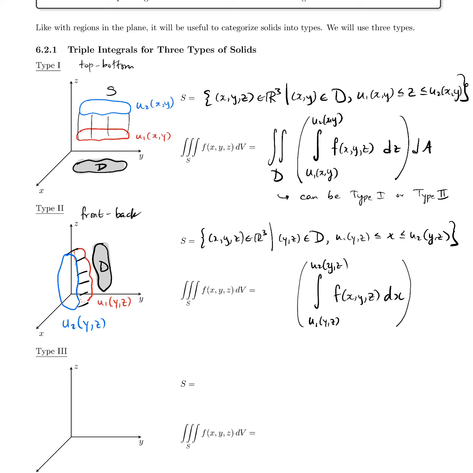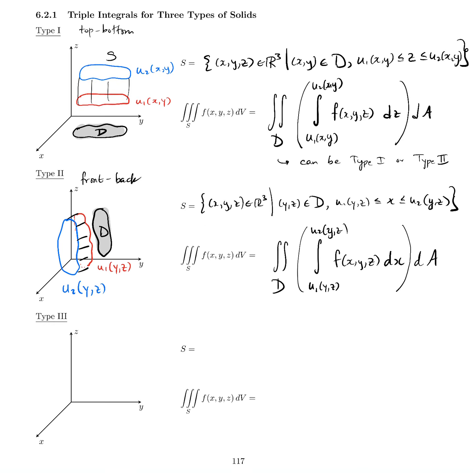And once we've done the inner integral, that will be set up as a double integral over the region D, which is the region in the yz plane, dA. And of course, that also can be done as a type 1 or a type 2. So two possibilities for the inner integral where the solid is bounded front-back.